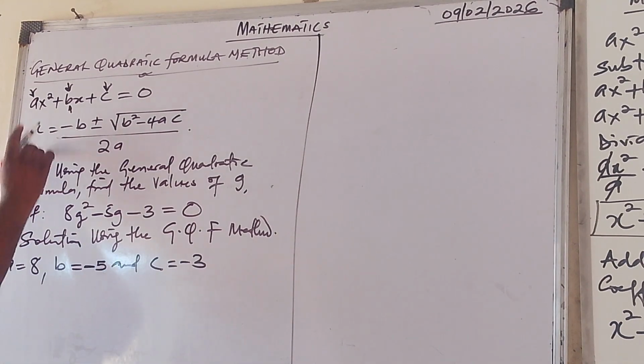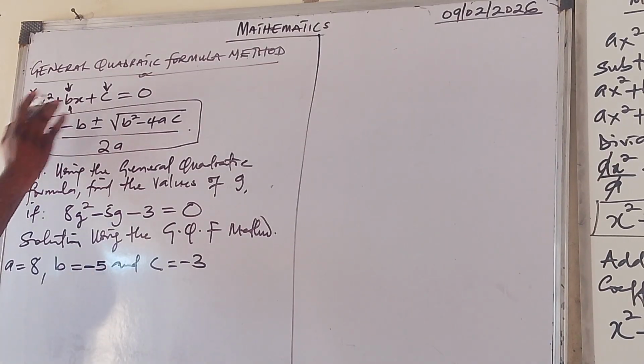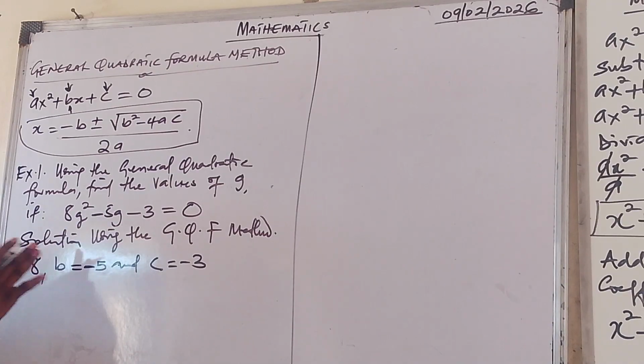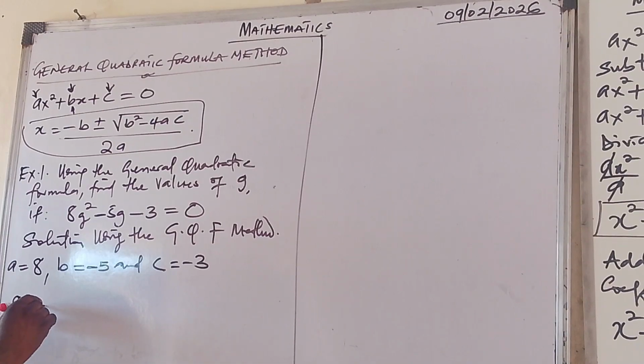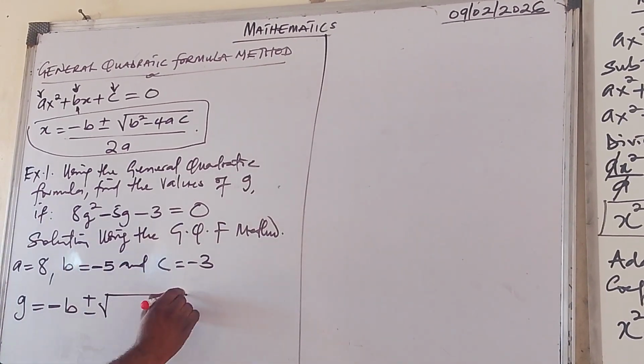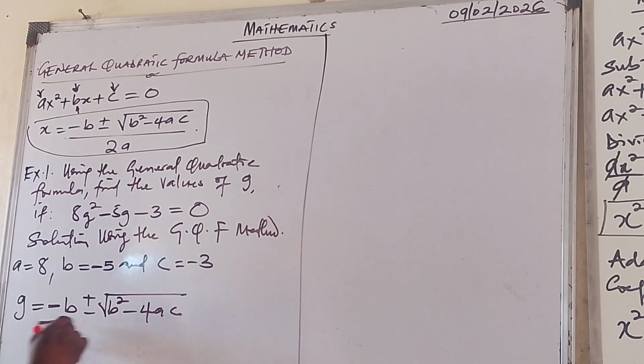Here we would normally use x to state the formula because the unknown variable is x, but because the unknown variable here is g, we are going to use g to state the formula. So g is equal to minus b plus or minus the square root of b squared minus 4ac all over 2a.